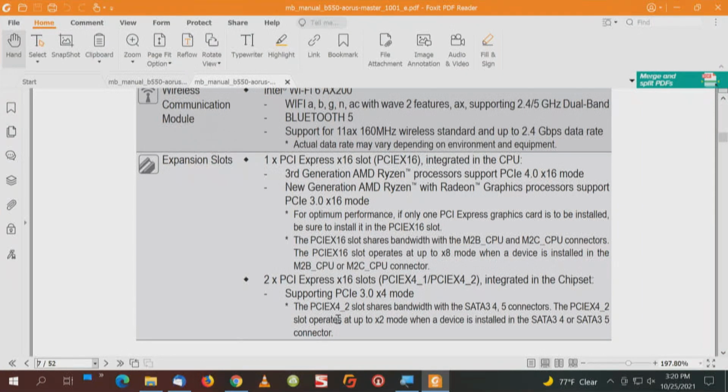And if you notice, PCI Express by 4_2 slot shares bandwidth on SATA 3 with the number 4 and 5 connectors. Wow, which means PCI Express by 4_2 operates with 2 PCI Express lanes, so that you have a SATA number 4 and SATA number 5. Let's go back and look at that page 4 again.